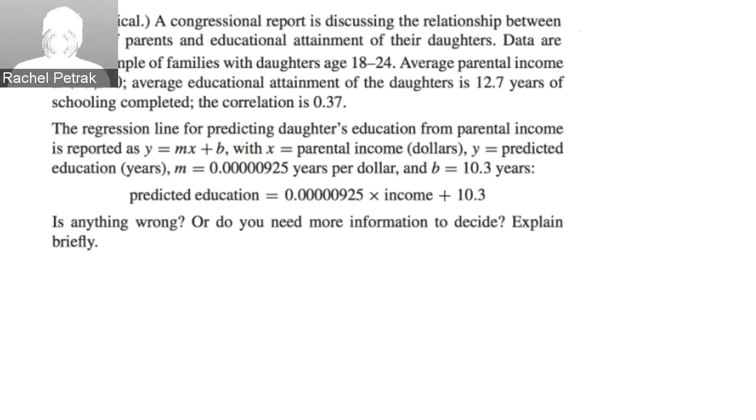Here, the regression line for predicting daughters' education is spelled out for us. And it's reported as y equals, in our general format for a line, mx plus b, where parental income is x, predicted education is y. We've got a slope here that's extremely small, number of years per dollar, and an intercept of 10.3 years.